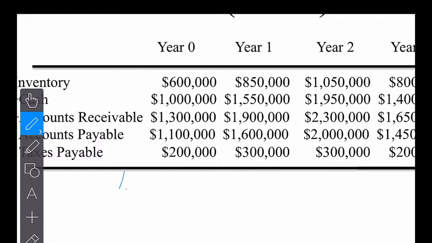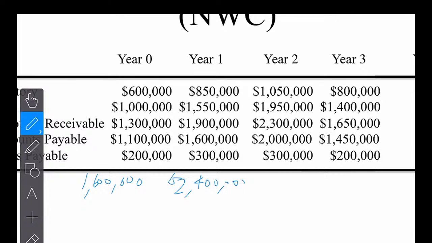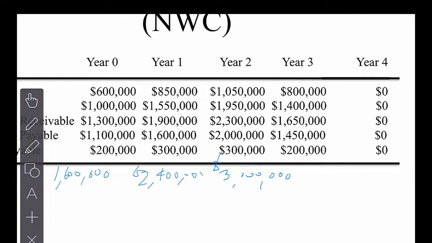So it's going to be 1,600,000 and 2,400. Okay, if you can follow. I wrote them really nicely in the notes. So you get the idea.